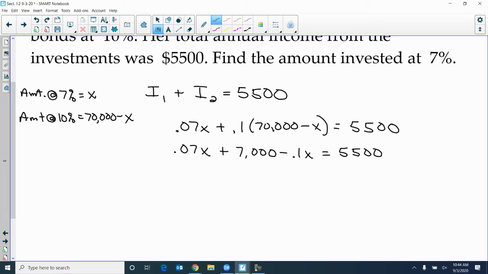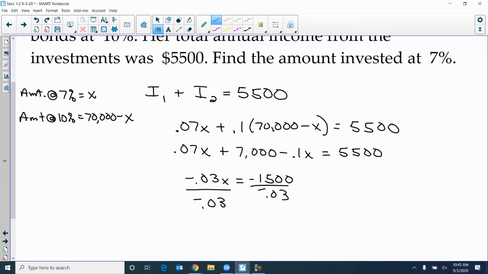Sometimes you just look at it and you just say 0.3. It's 0.03. Negative 0.03x. I'm going to subtract 7,000. And when I do that, what do I get? I get negative 1,500. Now we're dealing with money, so you've got to come up with a positive answer. So if you screw up with negatives in one spot, then you get a negative answer. That just indicates that it can't make sense.